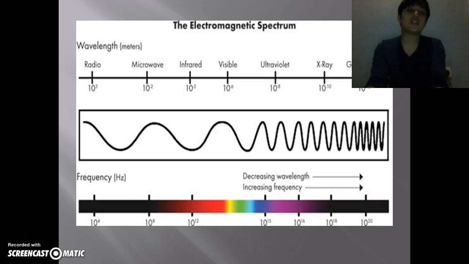So radio has a longer wavelength than gamma ray. But as the wavelength is shortened, the frequency increases. So that means gamma ray has a higher frequency than radio.